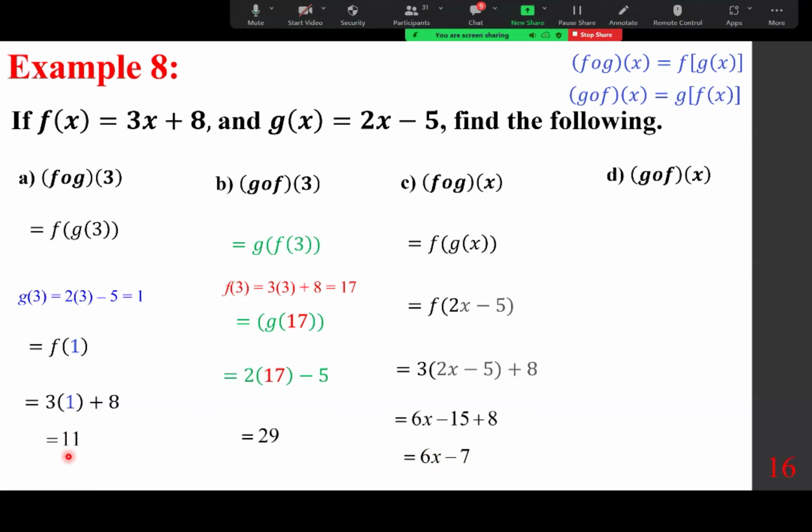So we can get it this way. g of f of x. So that means g of f of x. So instead of x, put 3x plus 8.